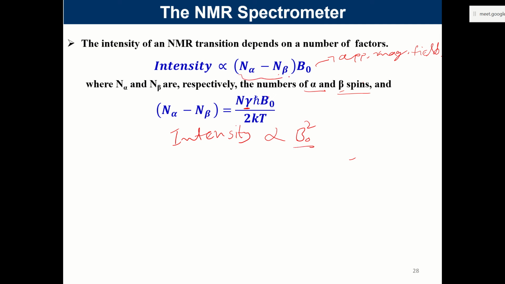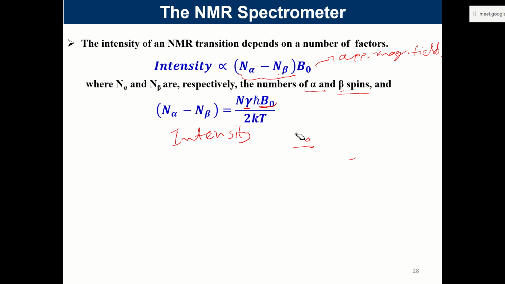The first term, the population difference, also depends on this B naught. So obviously, taking it together, we are having a B naught square term coming in the overall thing.